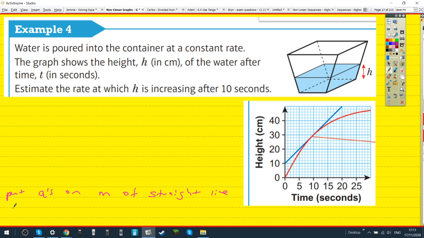I didn't really understand what you said when you were explaining what the tangent was. Any idea how you find the gradient of the blue line there? Yeah, you do rise over run. Yeah. So what would be the rise over run for the blue line?